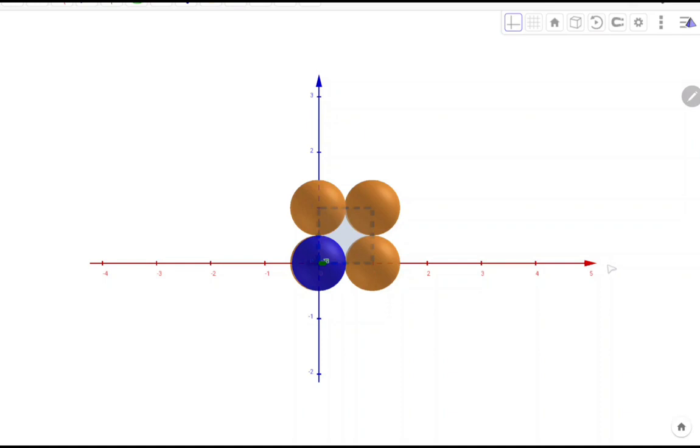Let's assume this is the x-axis, and as we mentioned, this is the first nearest neighbor. The second nearest neighbors are on the diagonal, this one here, and another one should be somewhere here, and another one somewhere here, and another one somewhere here. So in the xy plane, we have 4 atoms, second nearest neighbors.